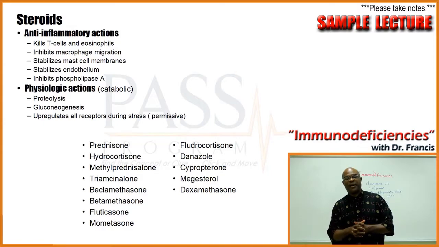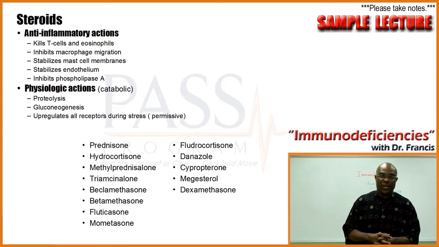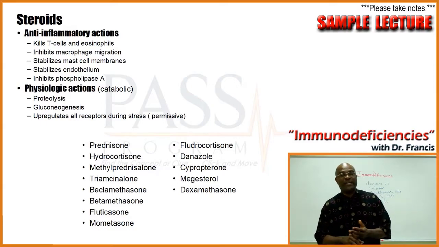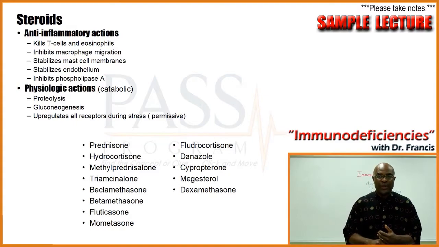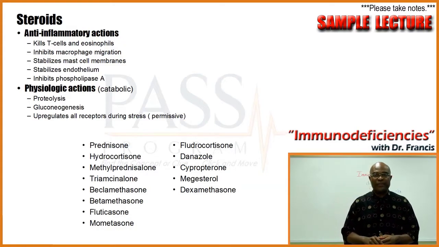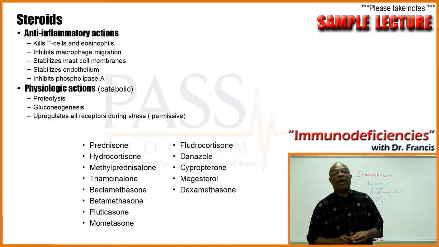And then finally, dexamethasone. Dexamethasone is the one steroid that has the best CNS penetration. Two other steroids you want to know, the ones that work very well in children. One is budesonide, and the second one is ciclesonide. Those two drugs have the smallest particles.